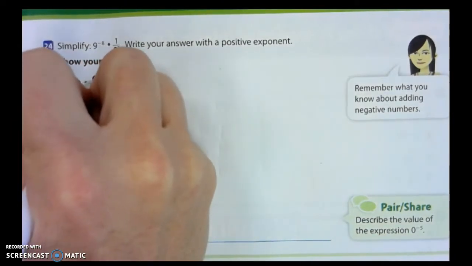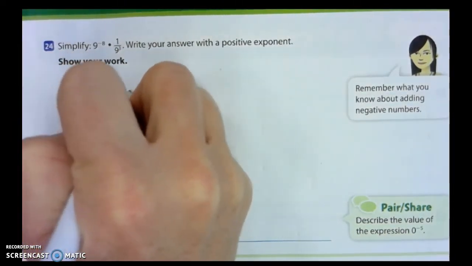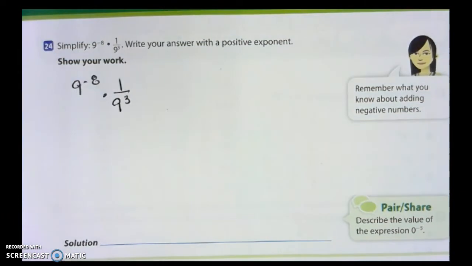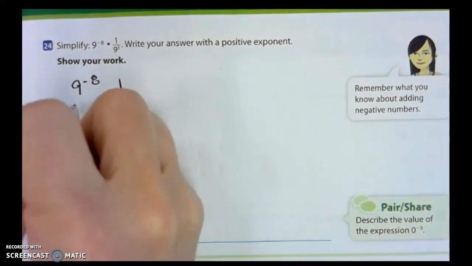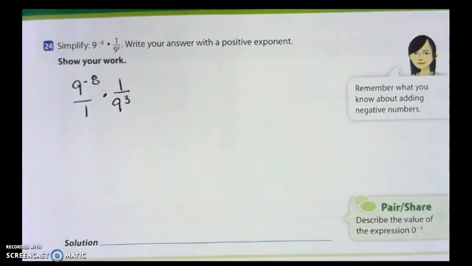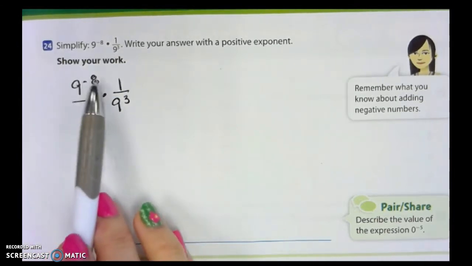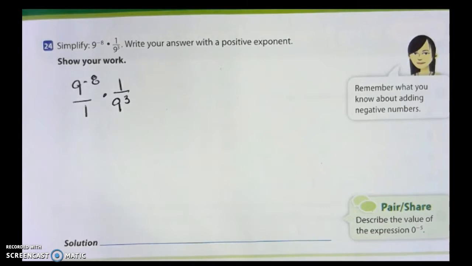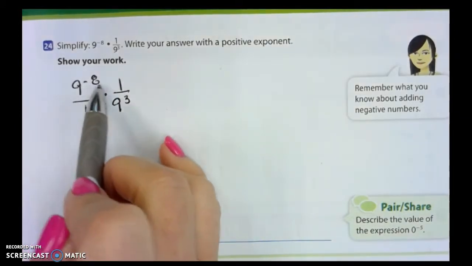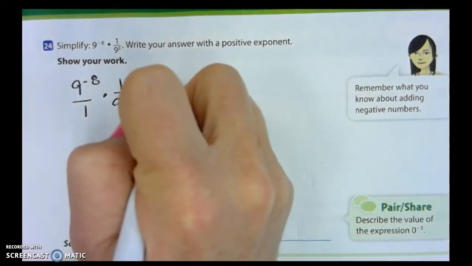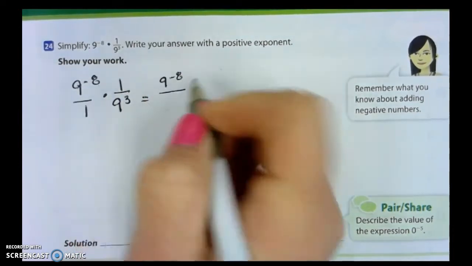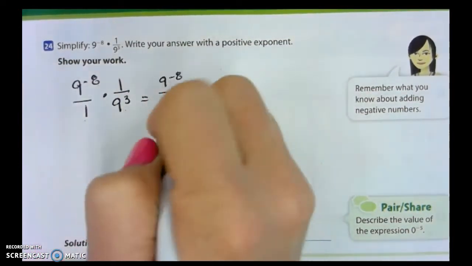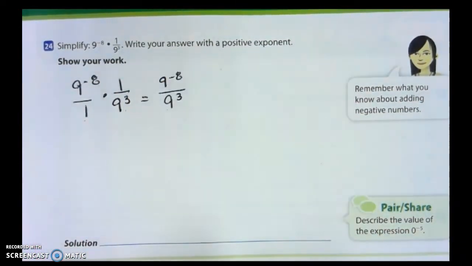I've got 9 to the negative 8 times 1 over 9 to the 3rd. If I want to multiply straight across and make it one fraction before I do anything else, I can do that. Take 9 to the negative 8, put it over a 1, multiply straight across. 9 to the negative 8 times 1 is 9 to the negative 8. 1 times 9 to the 3rd is 9 to the 3rd.